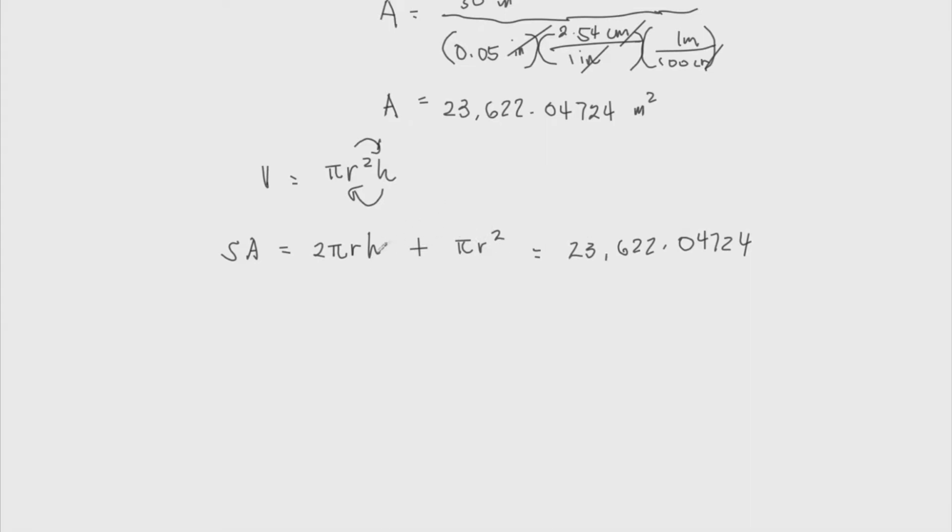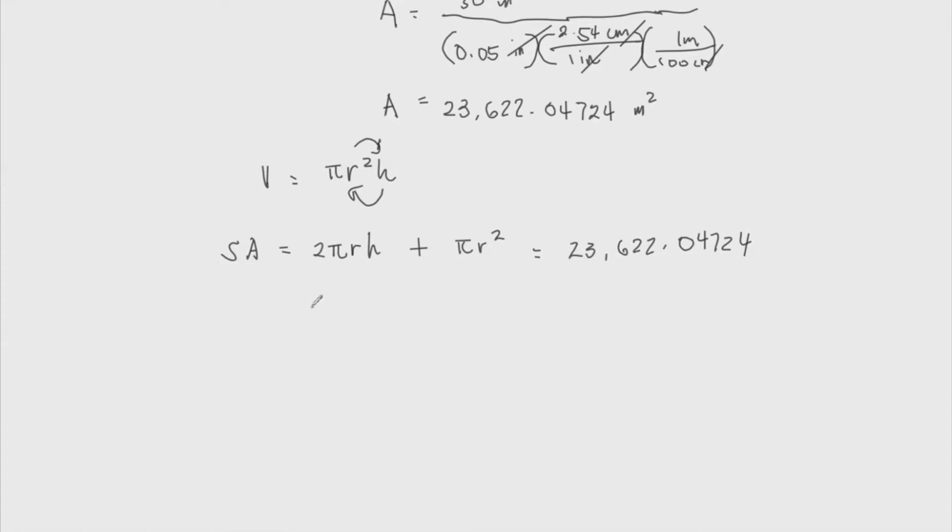Now, we don't have any h or r, but with this we can represent h in terms of r or r in terms of h, depending on which is easier for you. I'll be factoring out the things that I can factor.